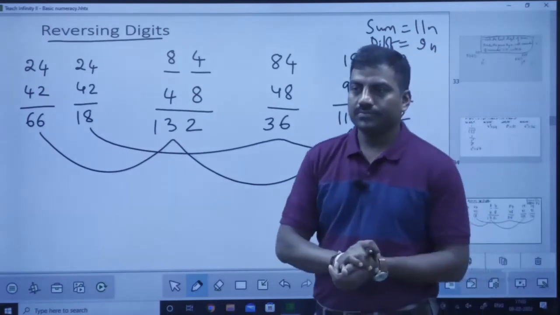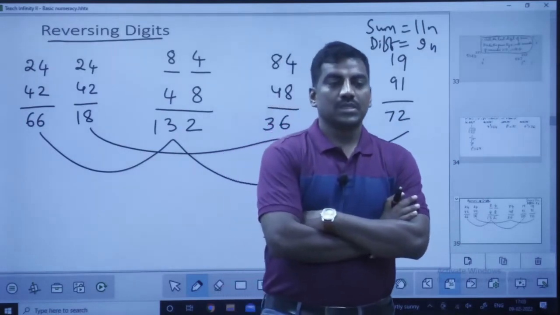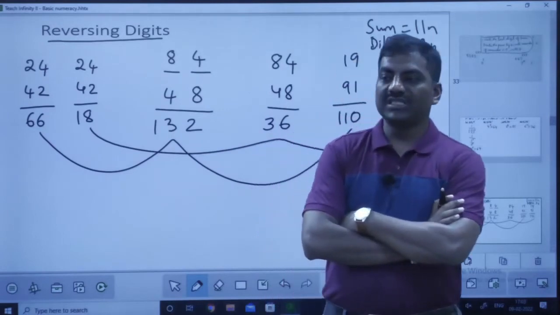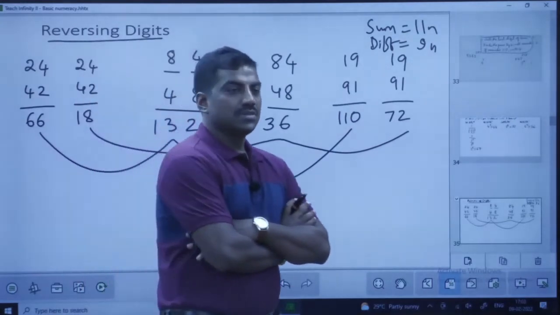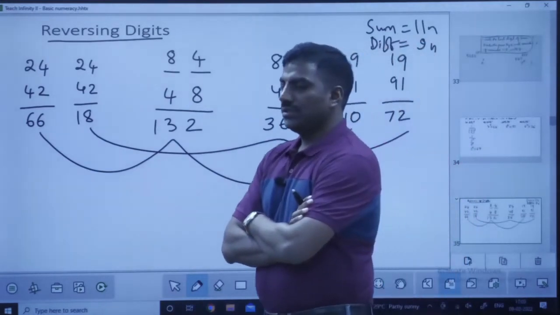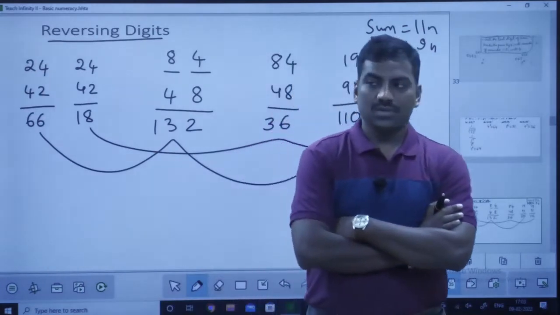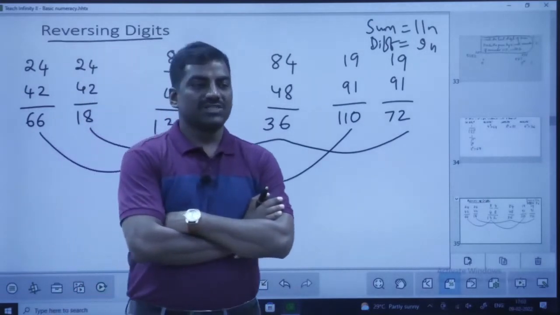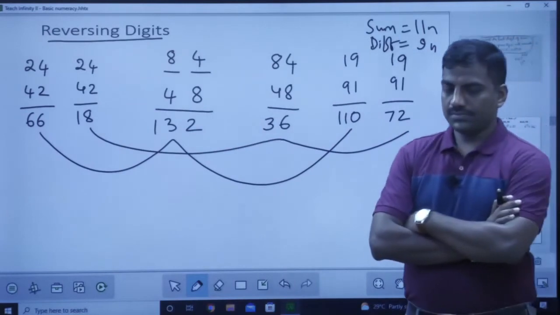So write down: a two-digit number and its reverse give the sum of multiples of 11.